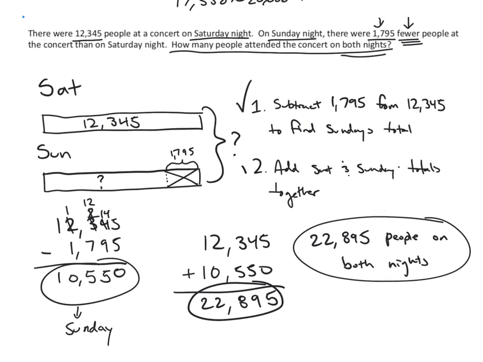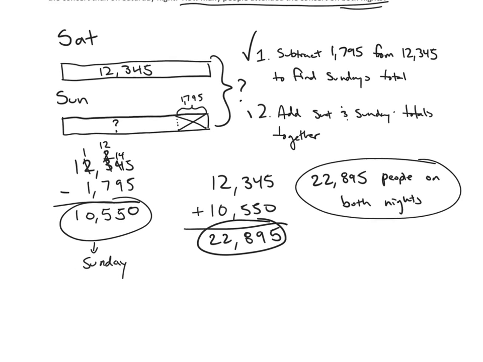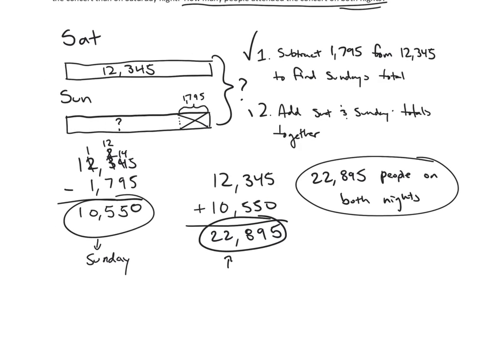Now to check, I'm going to use some estimation just to check the reasonableness of my final answer here. I'm going to round these two values, 12,345 and 10,550, and see if when I do that I get somewhere close to my final answer.